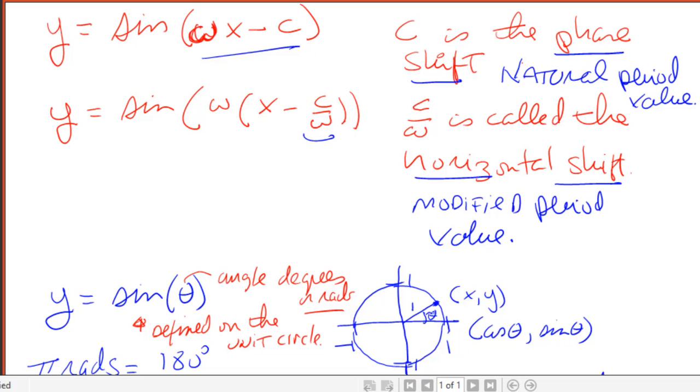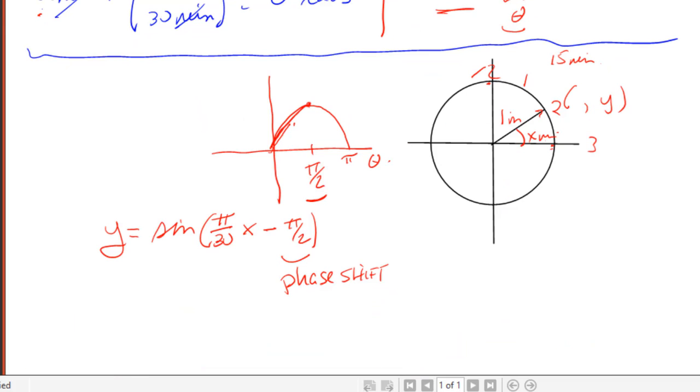If you go back to what I've said earlier, I've called it the natural period value. So the phase shift I call the natural period value. And well, what does that mean? Well, I've called it the natural period value because you'll notice that this right now is theta, pi over 30 times x is theta. Pi over 2 is, again, in radians.